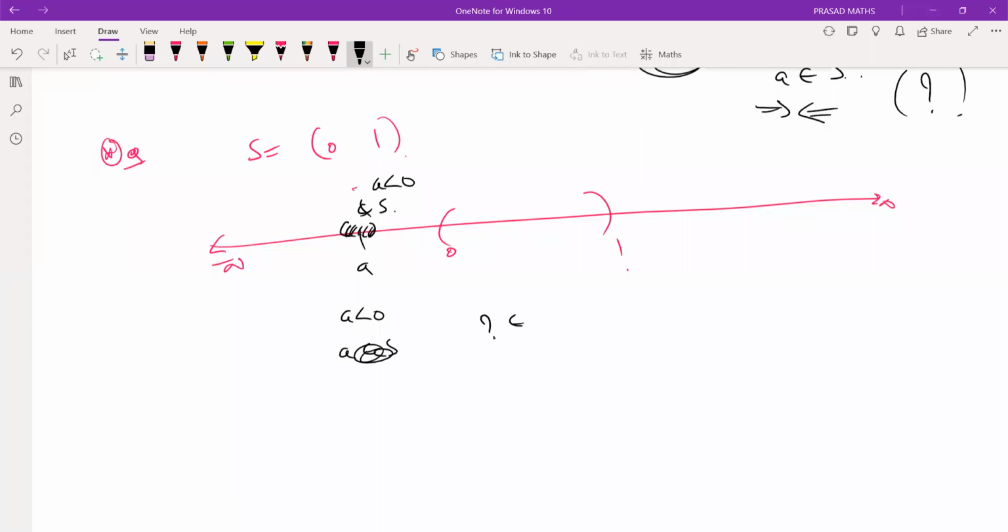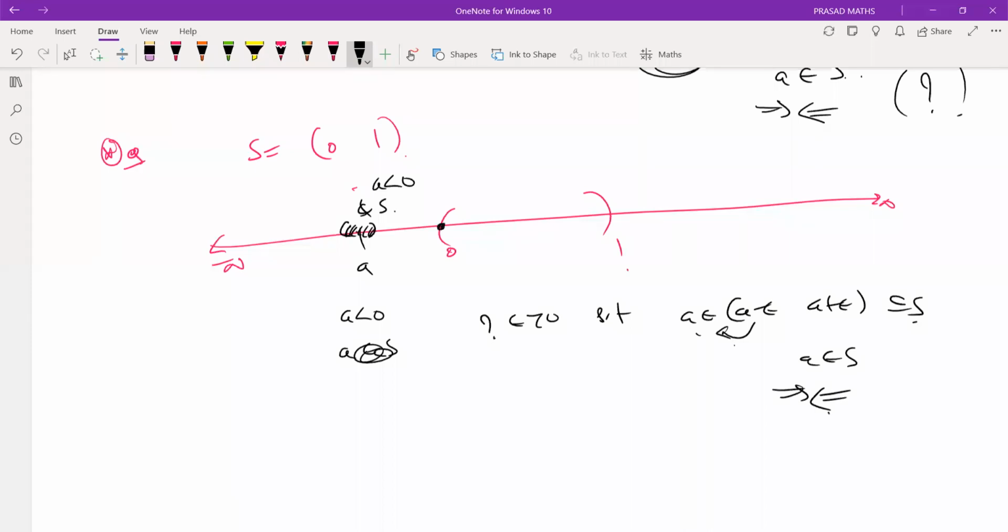How can you give me an epsilon such that (A minus epsilon, A plus epsilon) is inside the set? No, right? Because this neighborhood contains A, therefore A should be in S. Is it possible A is in S? No, because A is outside the interval. Therefore, we cannot find such a neighborhood inside the set. Therefore, S is not a neighborhood of the point A.